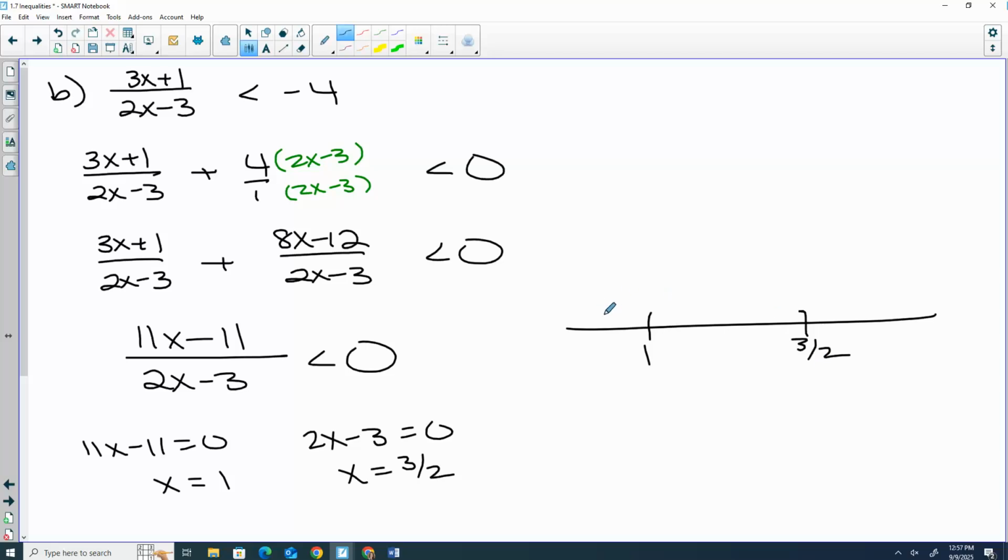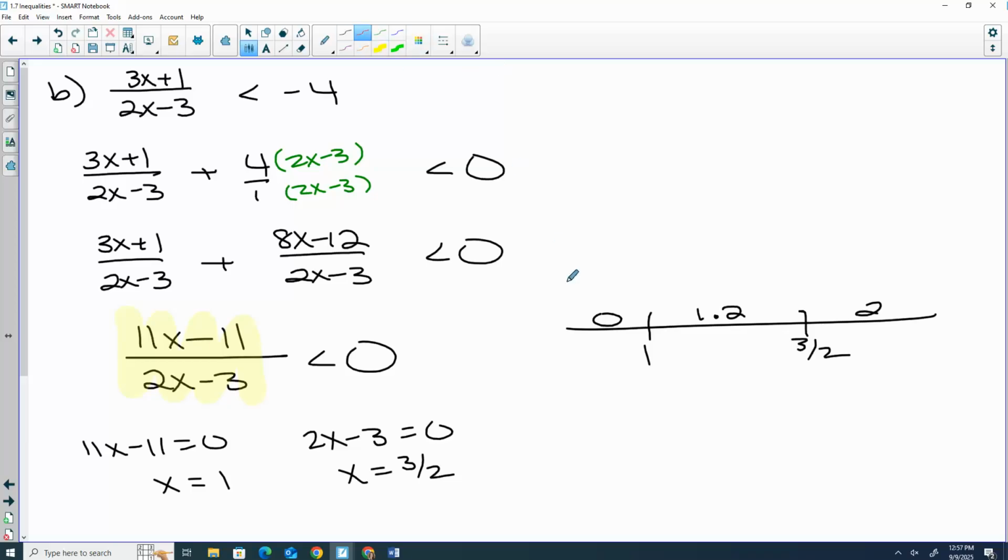Test point smaller than 1, so maybe a 0. Between 1 and 1.5, so maybe 1.2. Bigger, so maybe a 2. Plug them back in to this fraction.